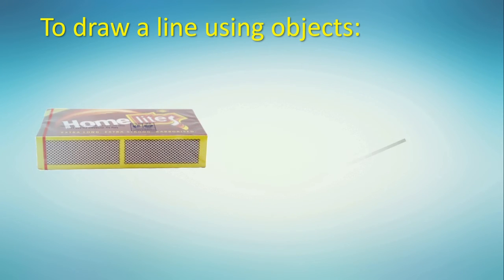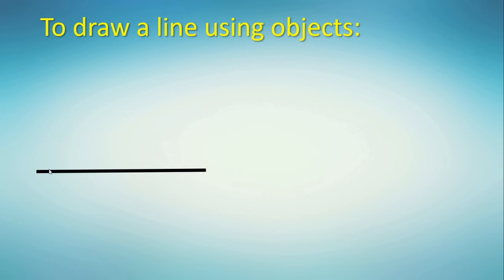Now, if I need a horizontal line, then I have to keep the object in a horizontal position. Now I want a line here, so a horizontal line. So I can take a pencil and I can draw a line by using its edge. So when I remove this object, I will get a horizontal line. Got this?